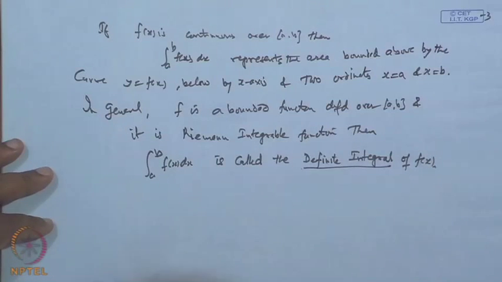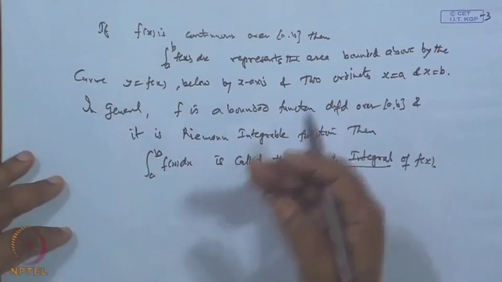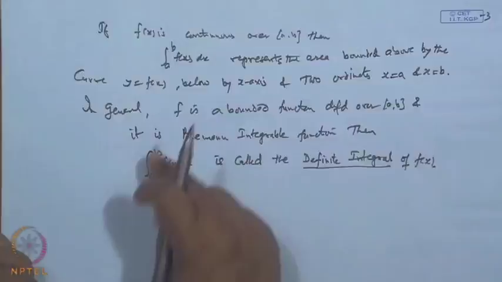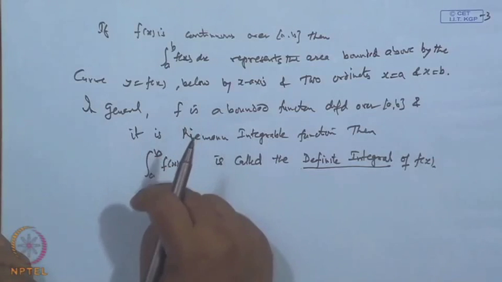So, when it is continuous, this represents the area, but if it is bounded, then also it will give some finite value. And we call it a definite integral because it cannot go beyond these two limits.